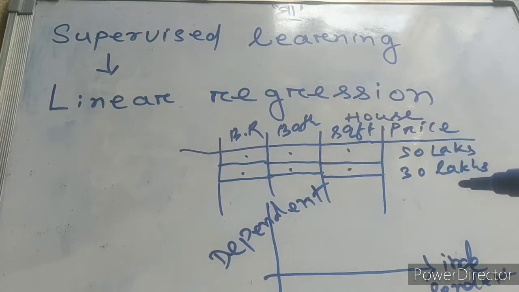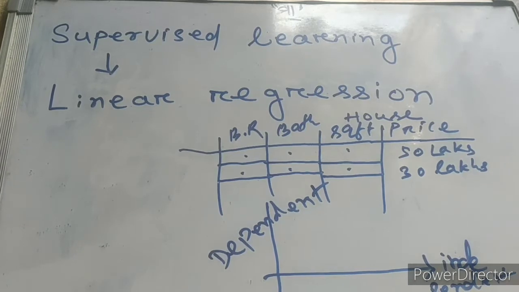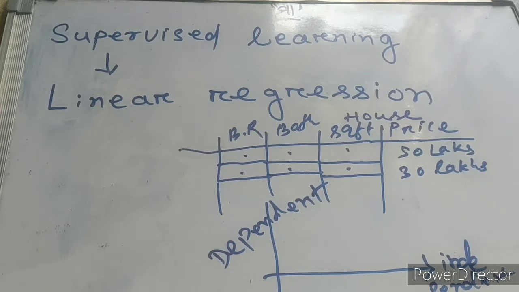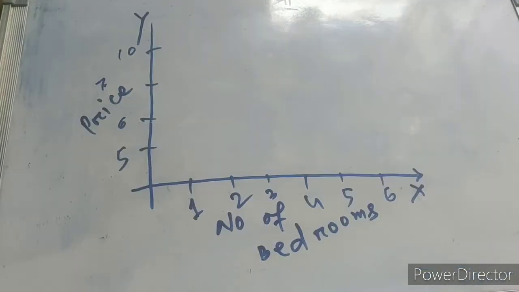So we have to plot the graph between the independent feature and the dependent feature, and the graph can tell us whether we should proceed with a single algorithm or whether a different algorithm is required for this situation. Here let's take a single feature, that is the number of bedrooms present in the house data set.